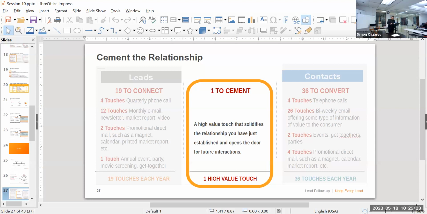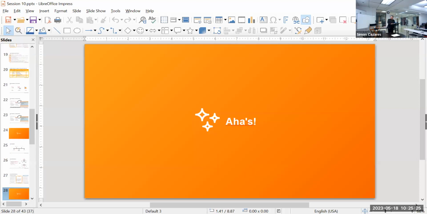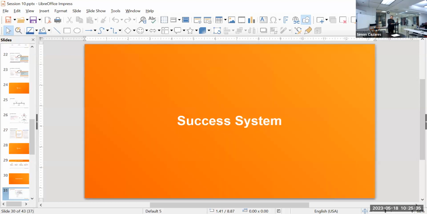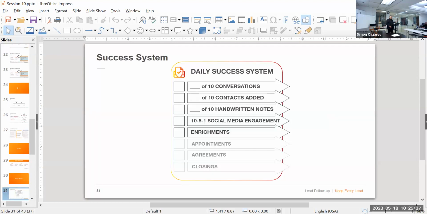All right, so things like that are the ones that are going to connect, and those are the ones that are going to give you all the benefits of keeping that relationship. What's the goal of following this whole plan?